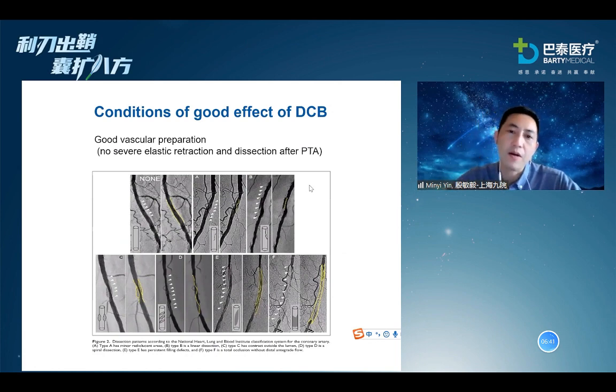However, for DCB to play its role, there needs to be very good vessel preparation, and with dissection type A and B, the DCB can exert its role of maintaining the patency in long lesions. However, most of the occlusive lesions are not type A and B. The mild dissection is mostly type C and D long dissection.